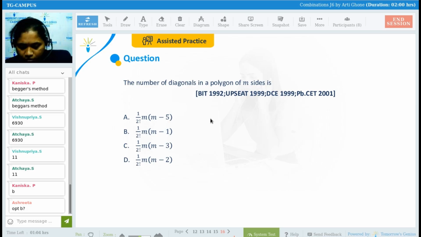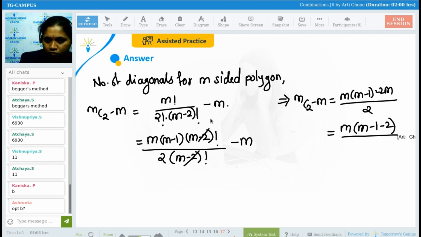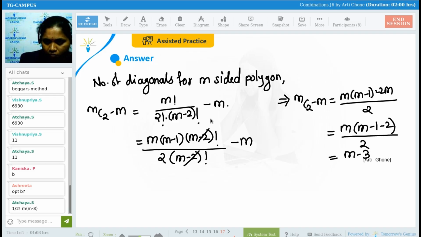So m into (m minus 1). How are you calculating m into (m minus 1)?